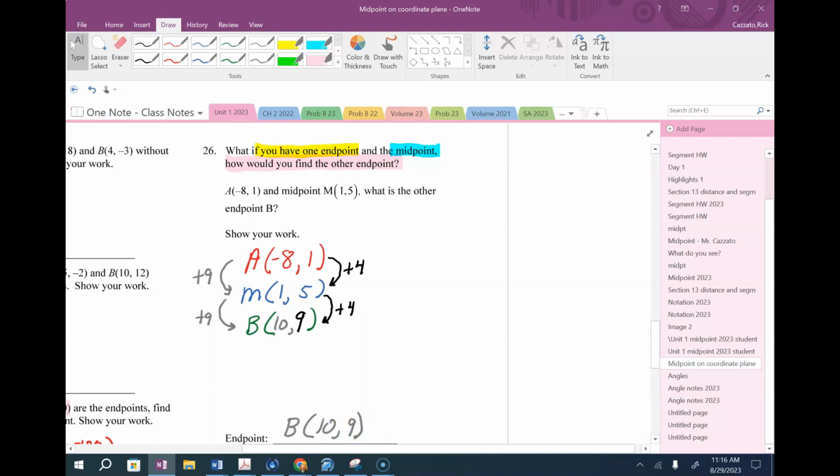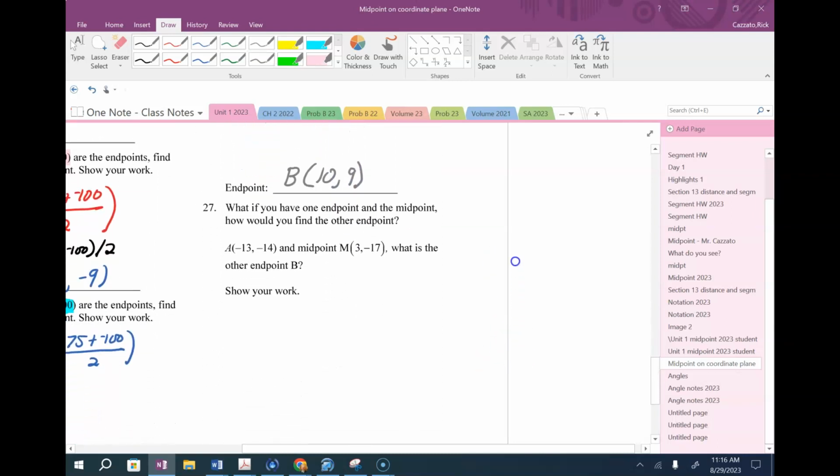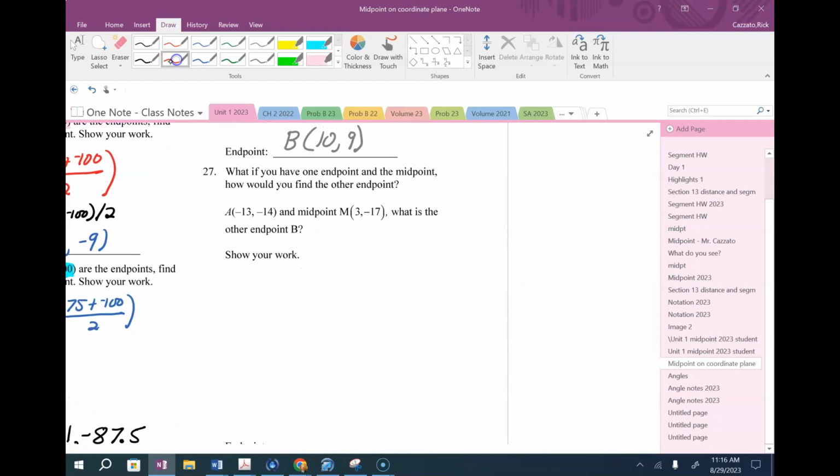I'll use this technique for problem number 27 also. So I'm going to list point A, -13, -14. I'll list point M, 3, -17. And then I need to find B, the other endpoint. So from -14 to -17, you're subtracting 3.